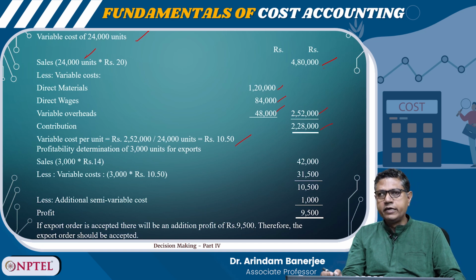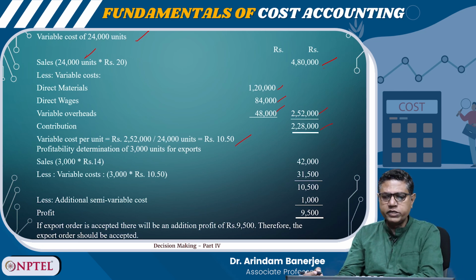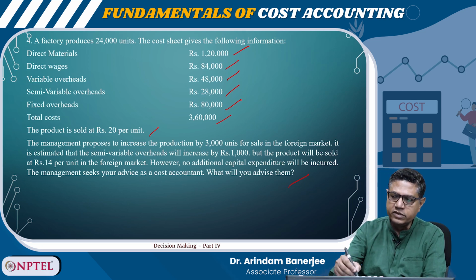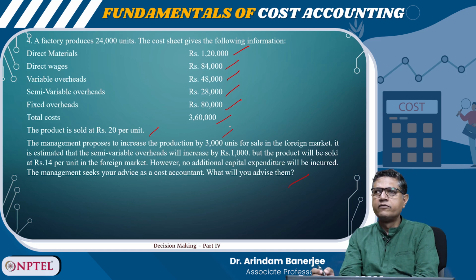The profitability determination of 3,000 units of export. Now we calculated the variable cost per unit, which is 10.50. And our question was that the management proposes to increase the production by 3,000 units for sale in the foreign market.